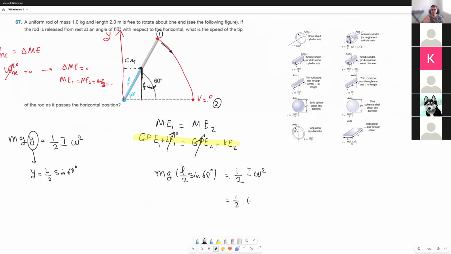From the table, which one do you choose? ml squared divided by 3. Exactly. ml squared divided by 3.